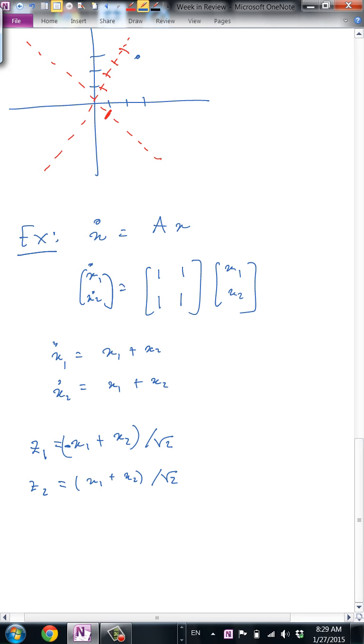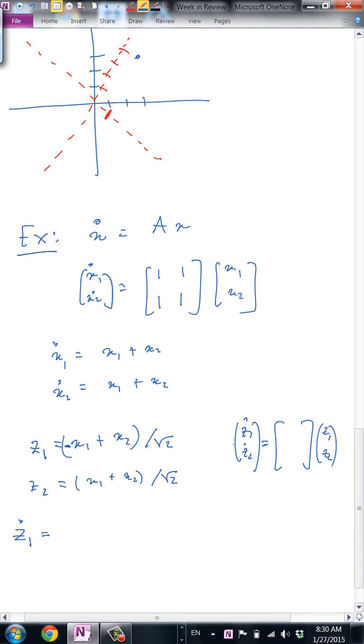So now I'd like to say, what is z dot equal? z1 dot, z2 dot is some matrix times z1, z2. So this is a simple enough problem that we can just compute it. So z1 dot is equal to, this is just the time derivative of addition.